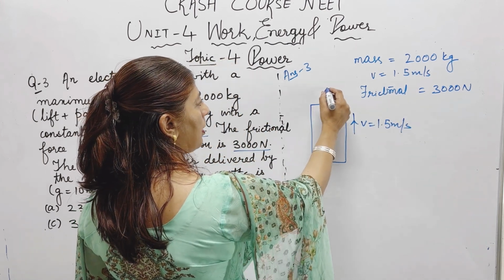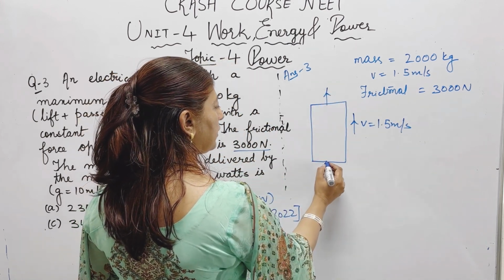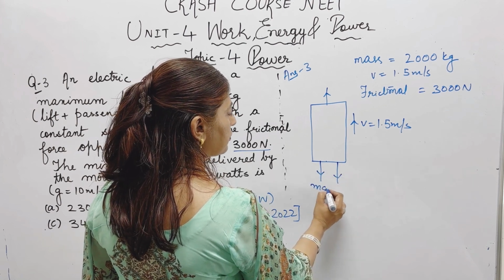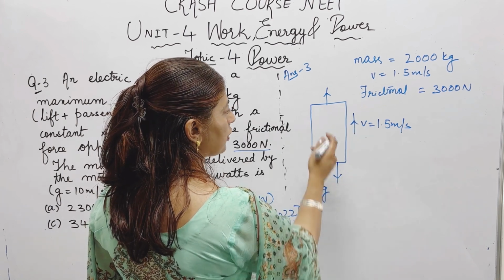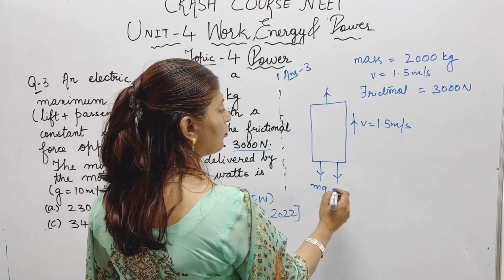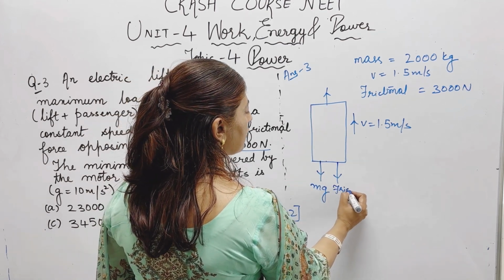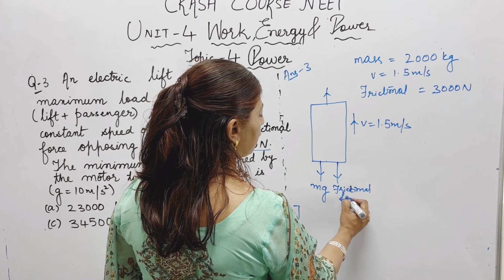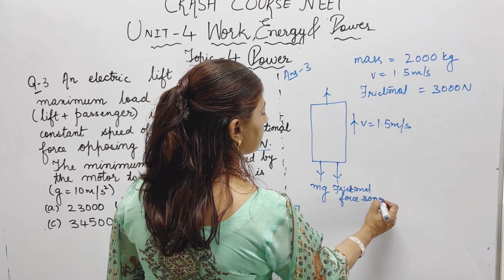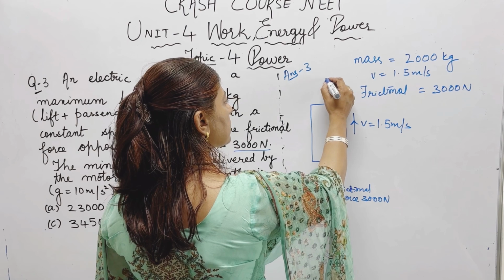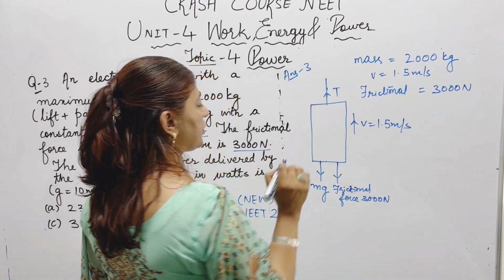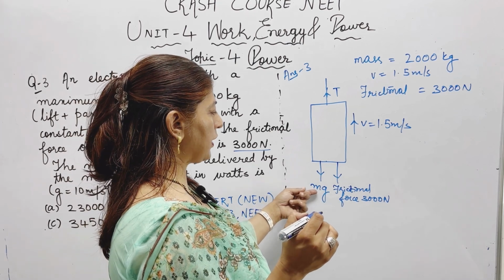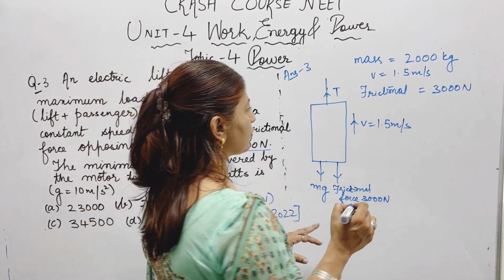It is moving in the upward direction, and in the downward direction we are having the weight mg along with the frictional force that is opposing the upward movement. This is the frictional force of 3000 Newton. So this is the tension that is being balanced by this weight and the frictional force.